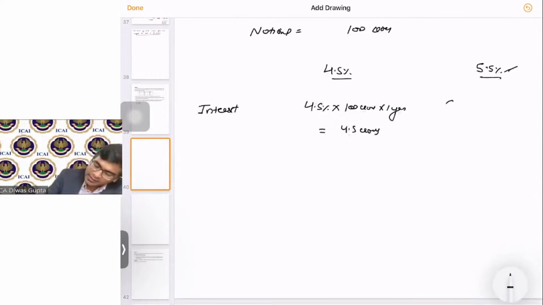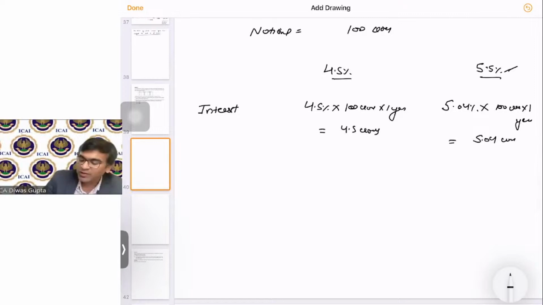So in this case, 5.04 percent multiplied by 100 crore for 1 year, which is 5.04 crore. Now, if you see students, although here it should be 5.5 crore, correct? If the cap option would not have been taken, the actual interest would have been 5.5 crore, but it has been restricted to 5.04 crore.